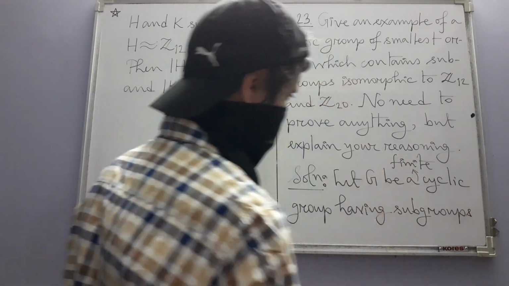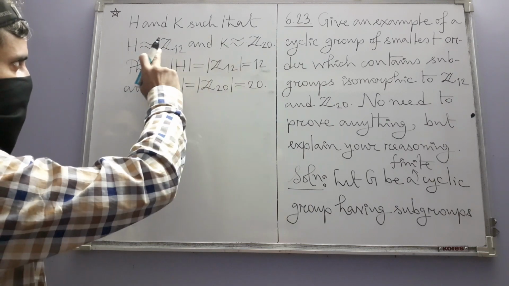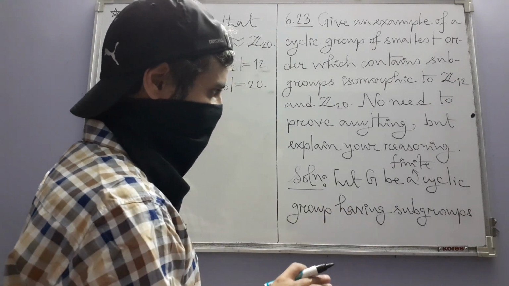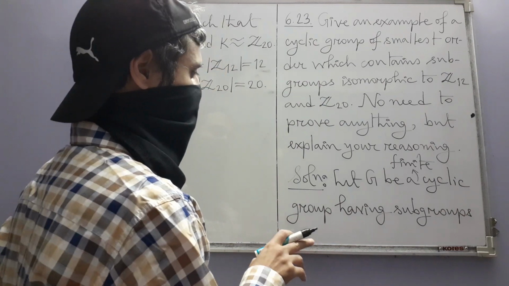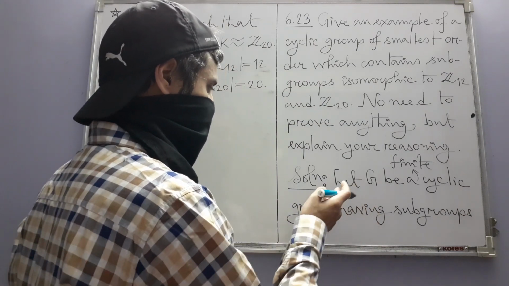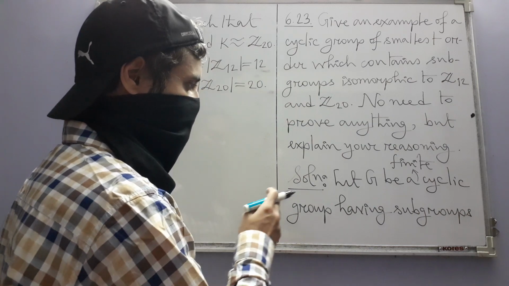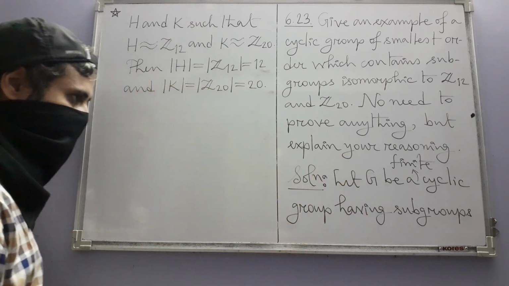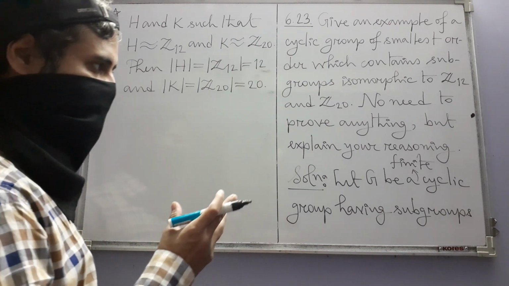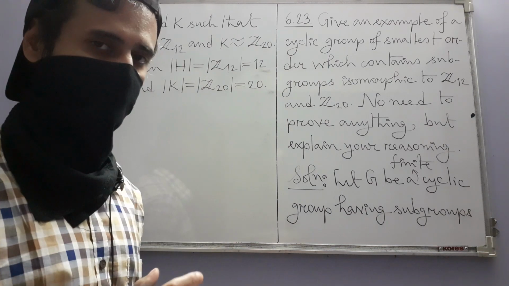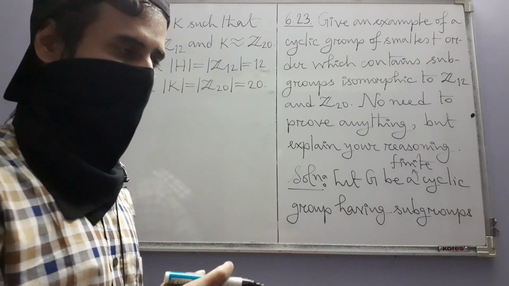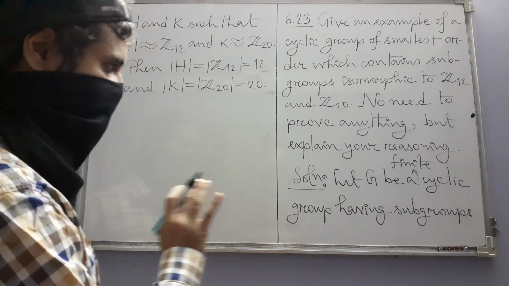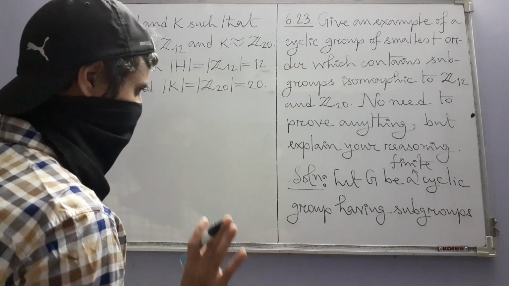So this is a finite cyclic group which has subgroups isomorphic to these two groups. Now the fact that we know about finite cyclic groups is that the order of any of its subgroups has to divide the order of the group. This fact is true not just for cyclic groups but for any groups, and it's known as Lagrange's theorem, but we will get to that. We haven't got it yet. For cyclic groups it is there.